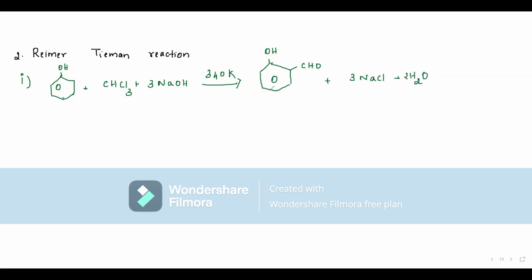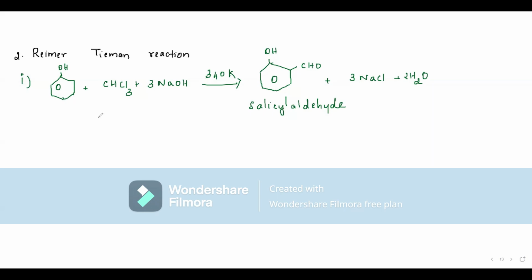Now, this product is called salicyl aldehyde. Salicyl aldehyde, or else 2-hydroxybenzaldehyde. So, how did I convert phenol to salicyl aldehyde?